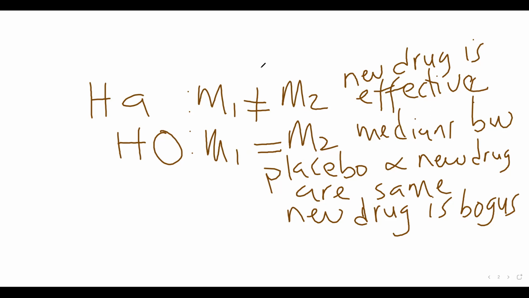Now, the next thing you need to ask yourself is, is this a one-tailed testing or is it two-tailed testing? Who can tell us? Who can type it in? Is this one-tailed or two-tailed testing? The answer is two-tailed. Many of you are writing two-tailed. So this is a two-tailed testing that we are having right here.